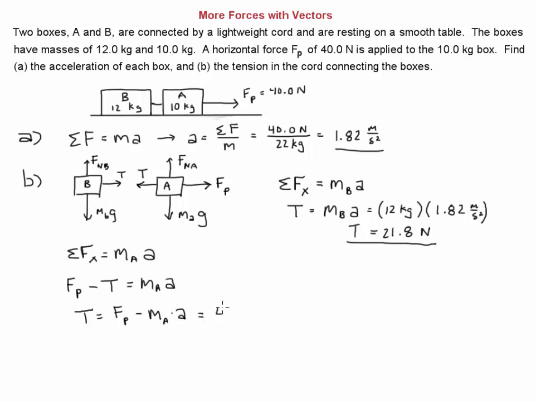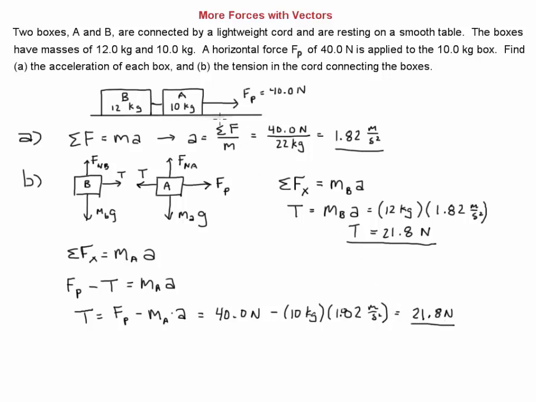Plug some numbers in. That's 40.0 newtons minus 10 kilograms times 1.82 meters per second squared. If you plug it in the calculator, you get 21.8 newtons. So no matter how you choose to go about this, you're going to get that the tension is 21.8 newtons.